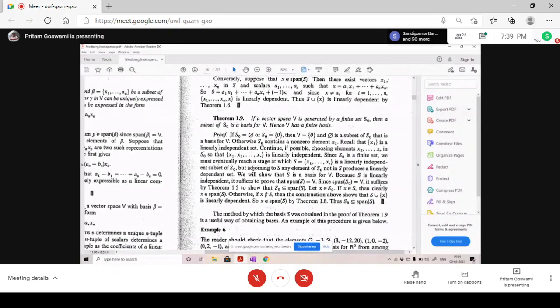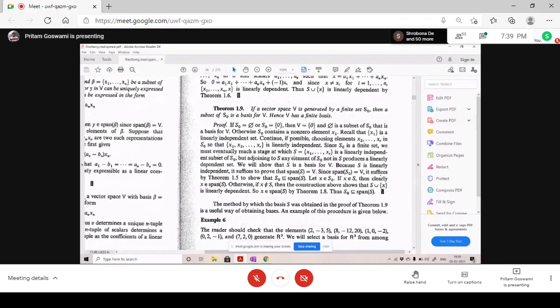Yes, sir. And hence, if a finite set S0 spans the whole vector space, then V also has a finite basis, because the basis will be a subset of S0, so it will be finite only, right?